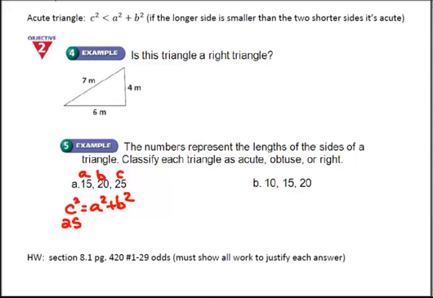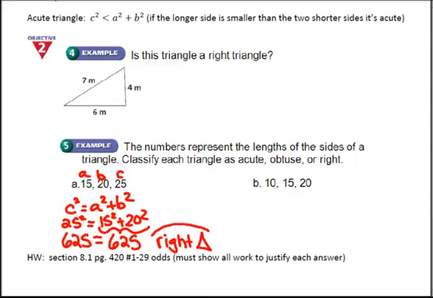Does 25 squared equal 15 squared plus 20 squared? Let's check. 25 squared is 625. When I use my calculator, type in 15 squared plus 20 squared. This whole thing also equals 625. They're equal. This means it is a right triangle.